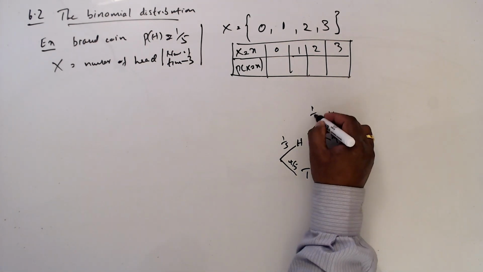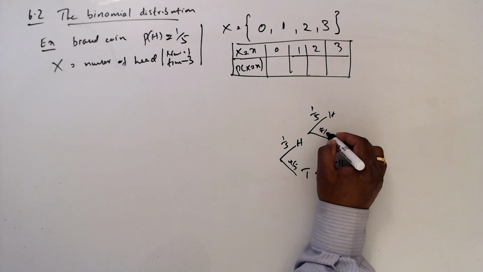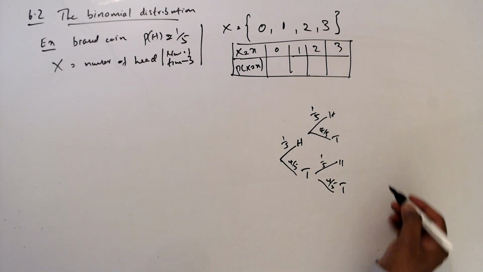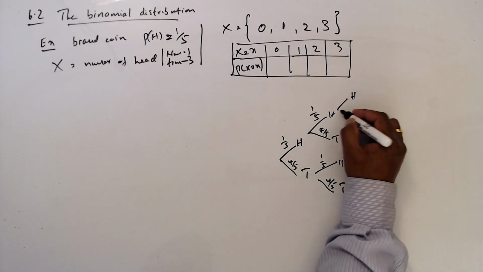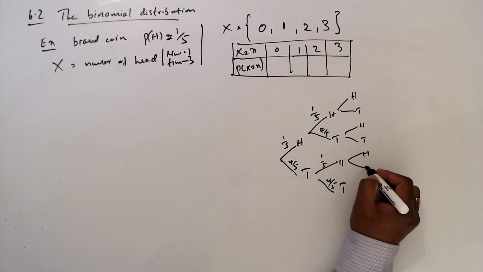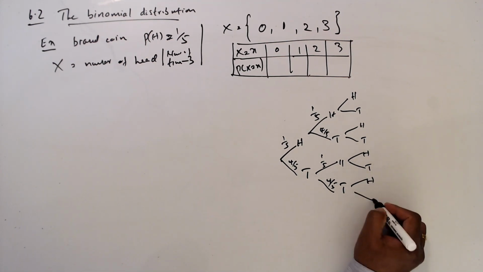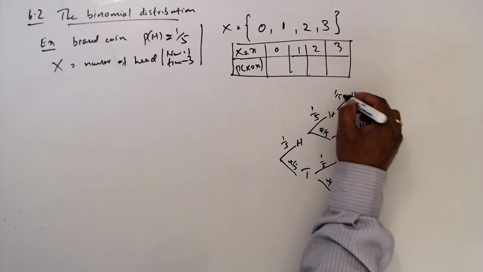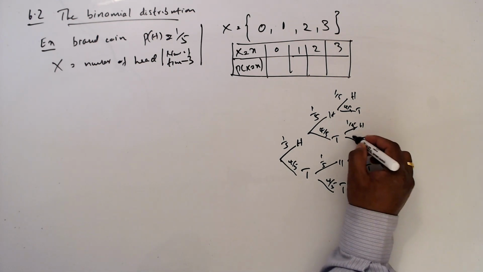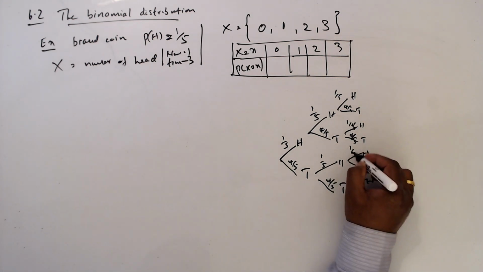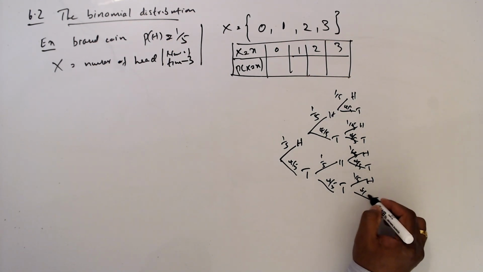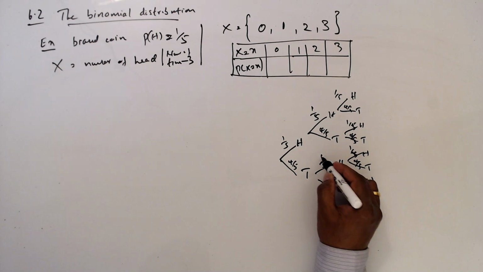So that is 1 over 5, 4 over 5 on each branch. This is as usual, like GCSE.